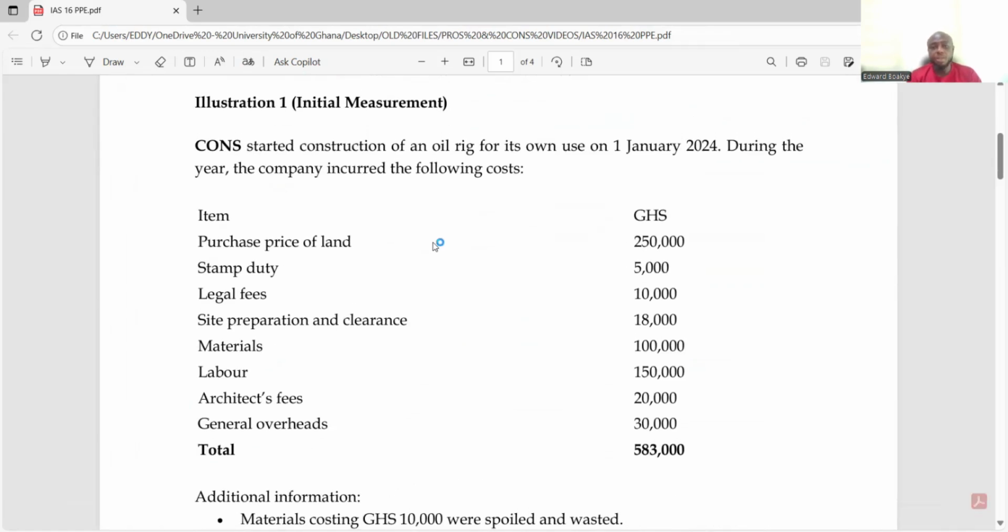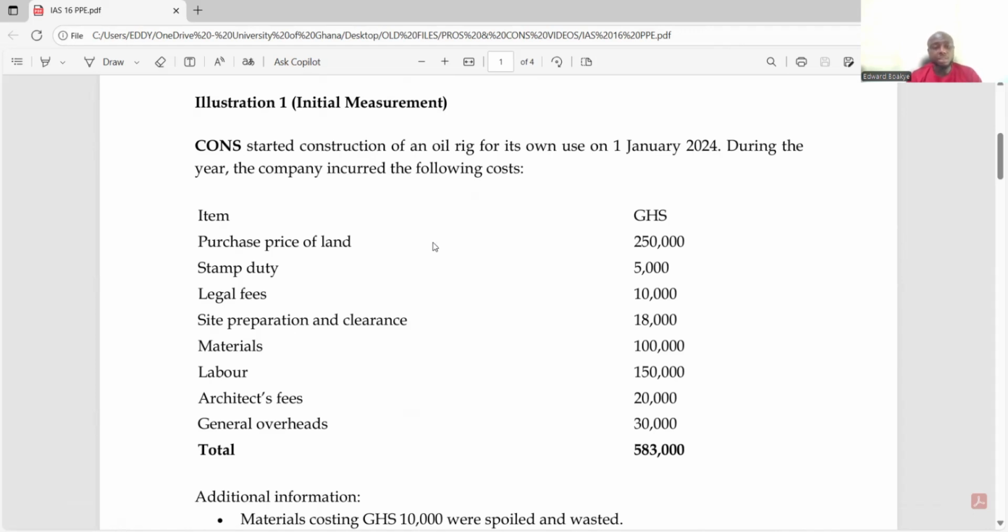Illustration 1. Now, Cons started construction of an oil rig for its own use on 1st January 2024. During the year, the company incurred the following costs. We have the purchase price, which is 250,000. They purchased a land for that, so they had it for 250,000.